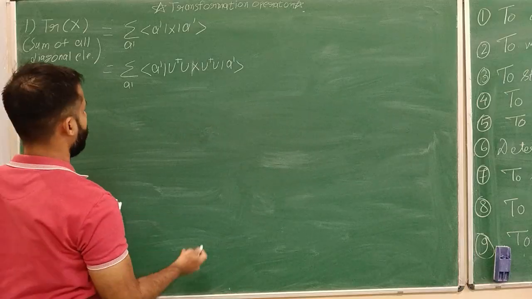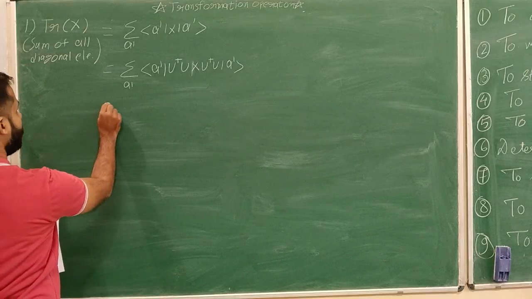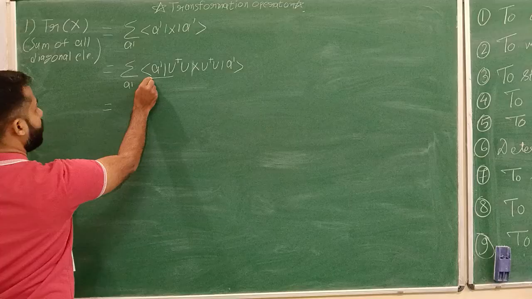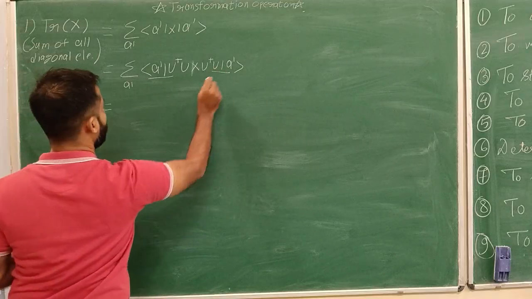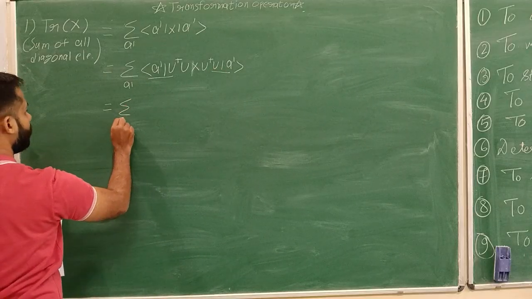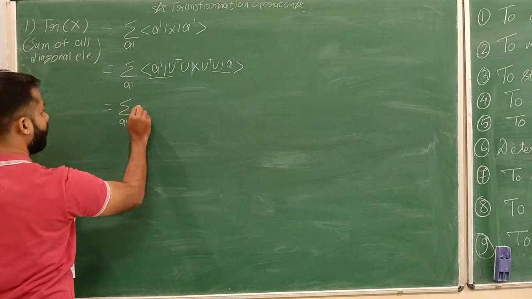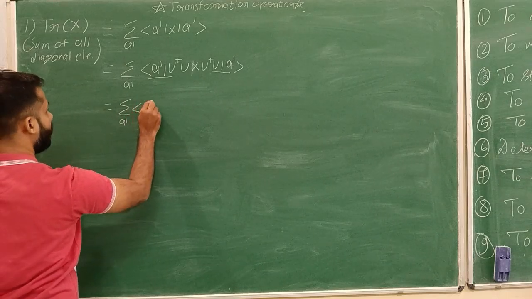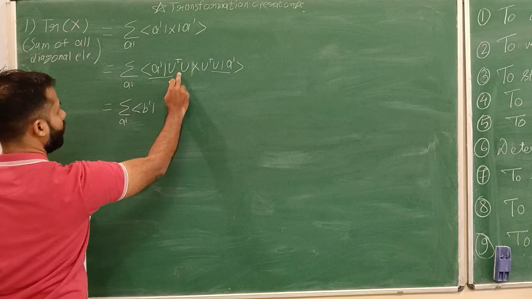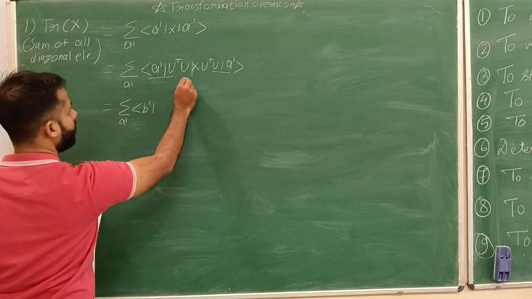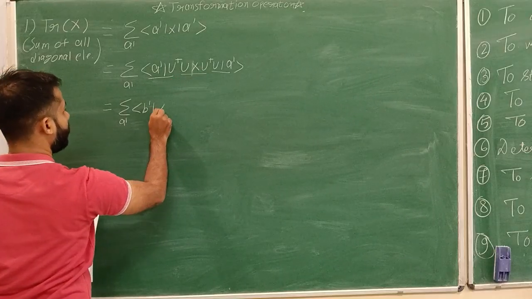So it's all about exploiting the identity in the end. And you know that this is going to give me B. This is nothing but the similarity transformation.